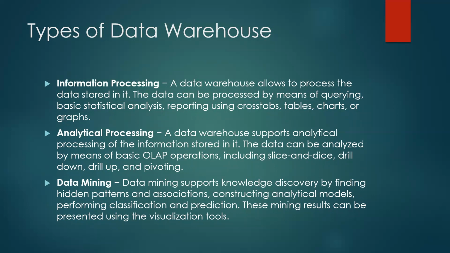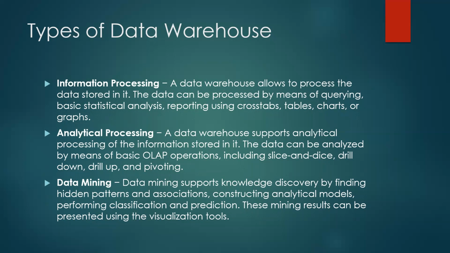Data can be processed by means of querying, basic statistical analysis, and reporting using crosstabs, tables, charts, or graphs. That's called information processing, where you aim to process and show information in a customized form, at a very high level.